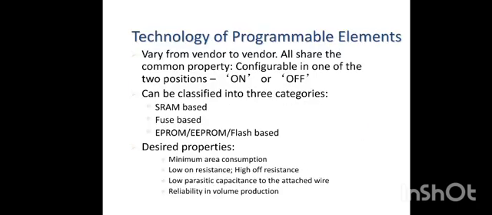The next is the technology of programmable elements. It varies from vendor to vendor. All share the common property of being configurable in one of two positions, on or off.